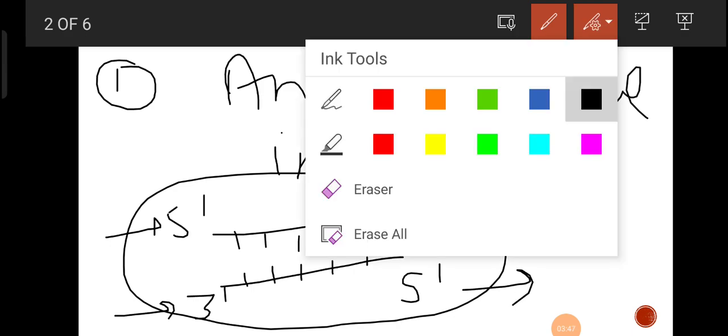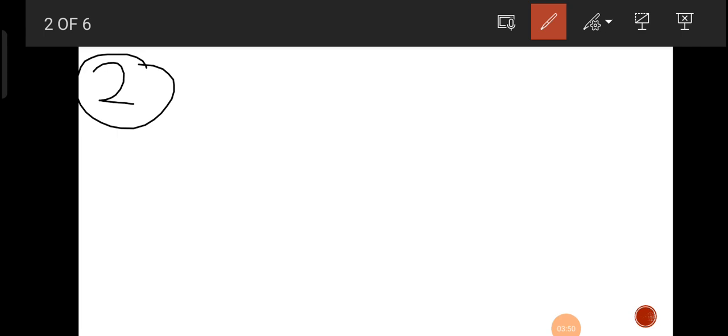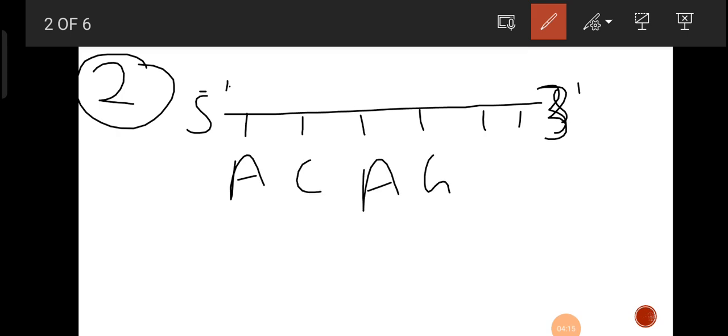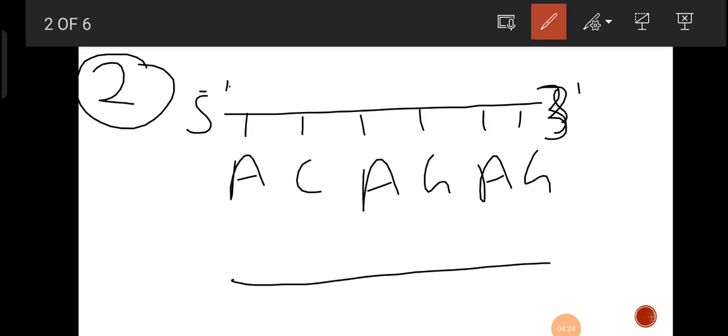The second important feature of DNA is that the strands of DNA are complementary in nature because of base pairing. What does it mean? It means that if you know one strand's bases, say adenine, cytosine, adenine, guanine, adenine, guanine, then you can easily work out the bases of the other strand, which runs 3 prime to 5 prime.